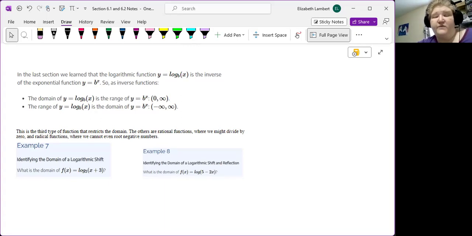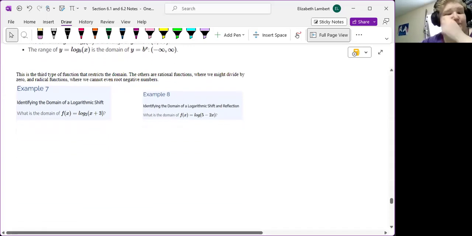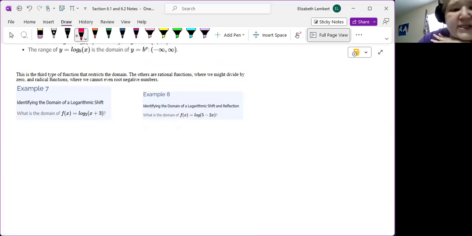So when we have log functions that have been shifted around, the question is, okay, what's my cutoff number? Like, what numbers can I only go past or go before? Which this cutoff also turns out to be the vertical asymptote. So on these, when we're identifying the domain, we are literally taking whatever's inside the log, and I want to say that is strictly positive.